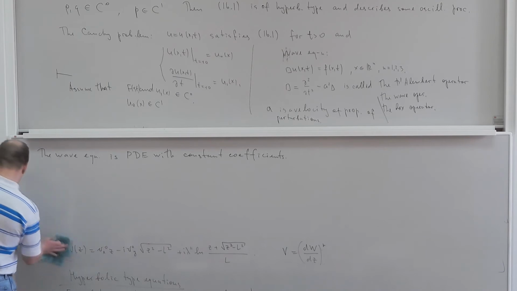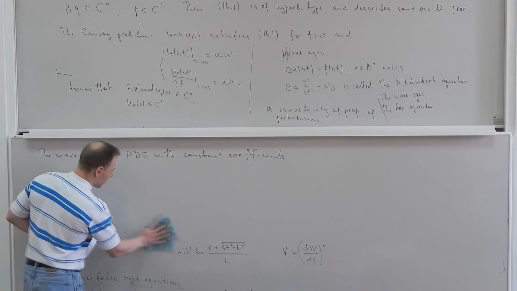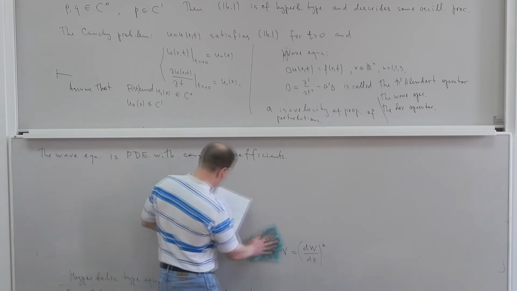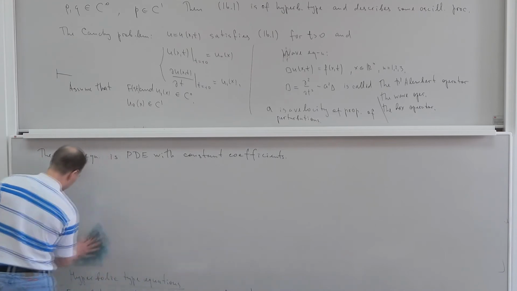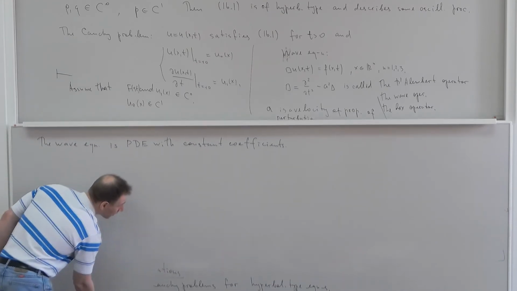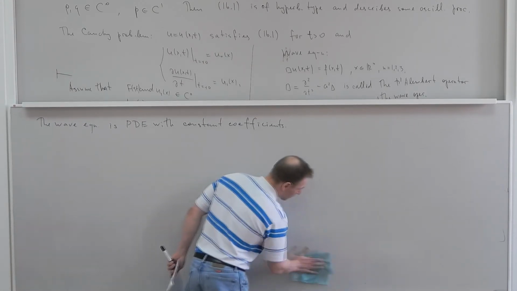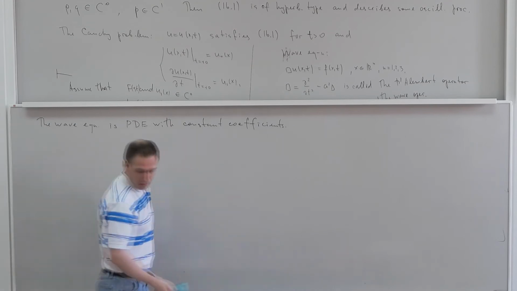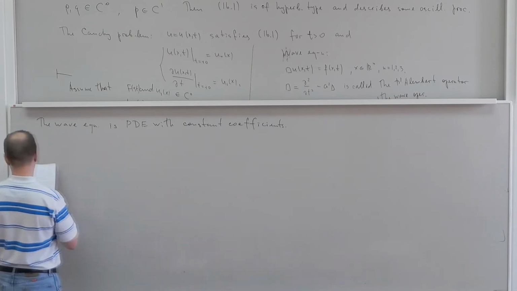So the next paragraph is the fundamental solution of the wave operator. Another name for this fundamental solution is the Green's function, or the retarded function, as we will see.